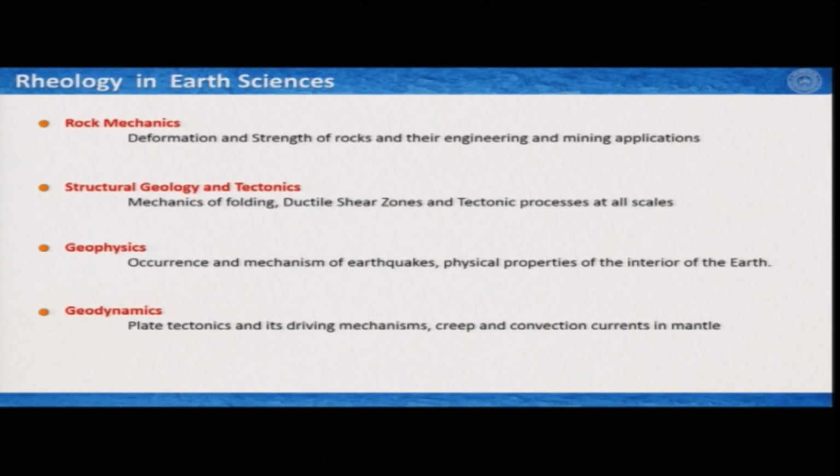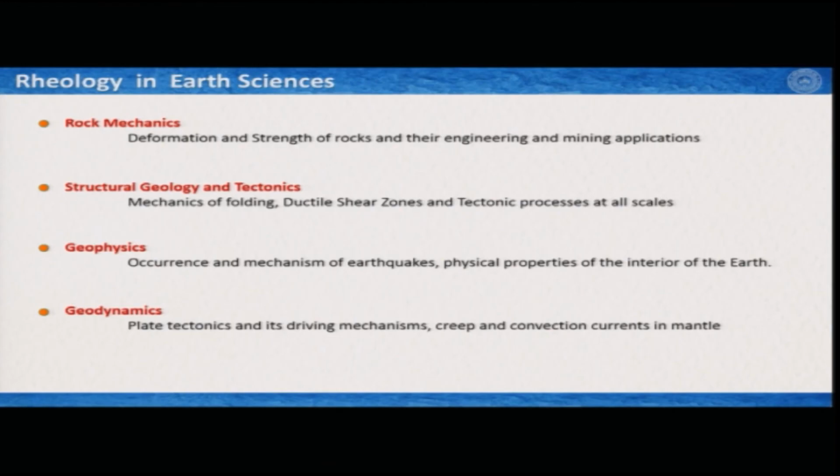In structural geology and tectonics, essentially we use rheology particularly to better understand the mechanics of folding, ductile shear zones and various tectonic processes at different scales. We consider rheology heavily when we try to understand the processes of solid earth geophysics, like the mechanism of earthquakes, physical properties of the interior of the earth and so on, and of course geodynamics uses the applications of rheology heavily.